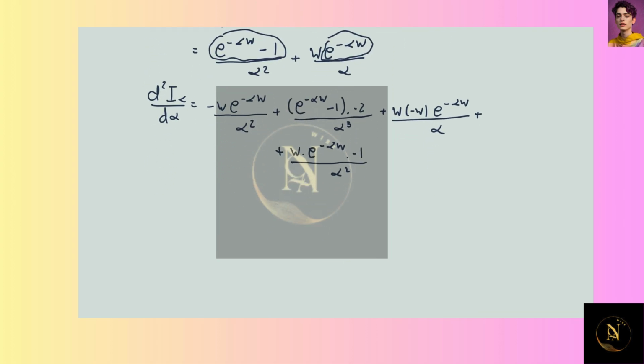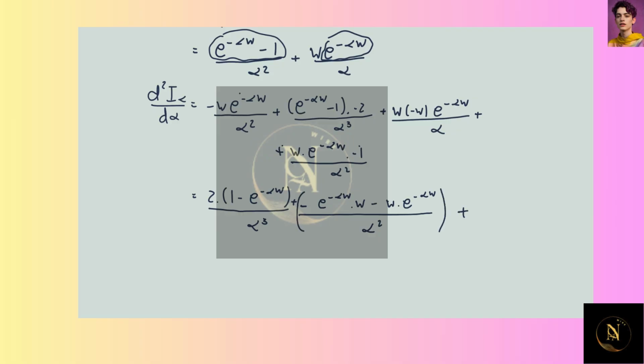Now we can organize all these terms to get the following. 2 times (1 minus e to the minus alpha w) divided by alpha cubed, minus this term, which is e to the minus alpha w times w, now plus minus this other term, which is w times e to the minus alpha w, and this is all divided by alpha squared.